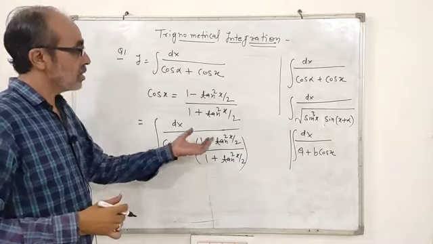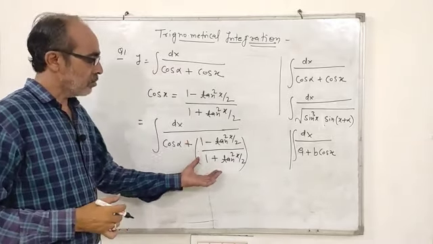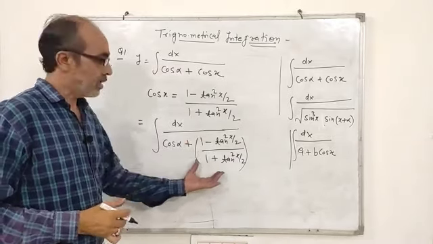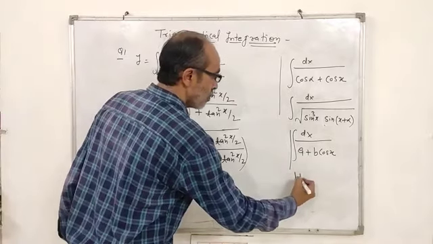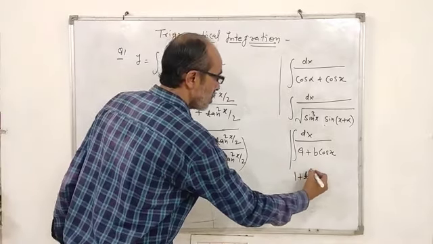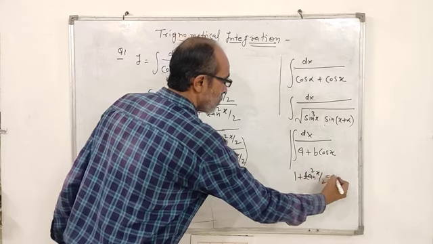According to these substitutions, we can solve by the substitution method easily, because 1 plus tan square is equal to sec square x by 2.